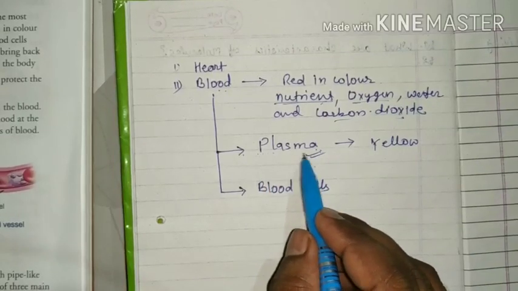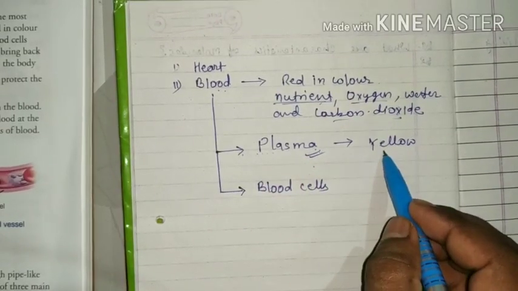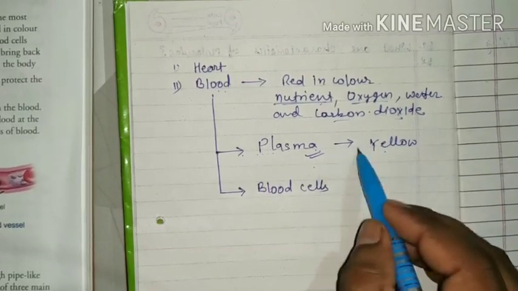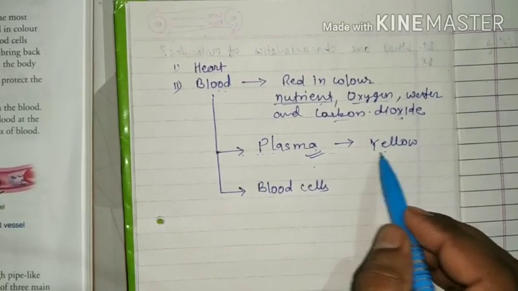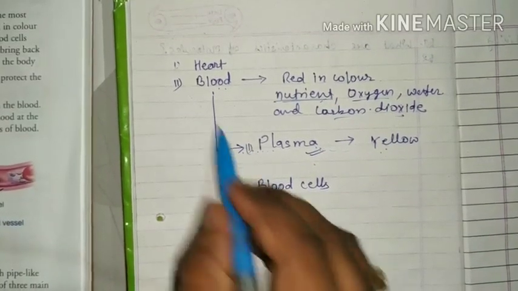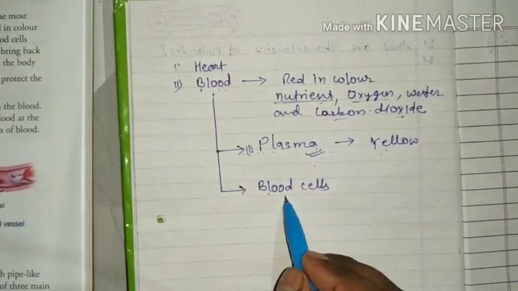Its color is yellow, and it makes up the largest part of blood. The second part of blood is blood cells.